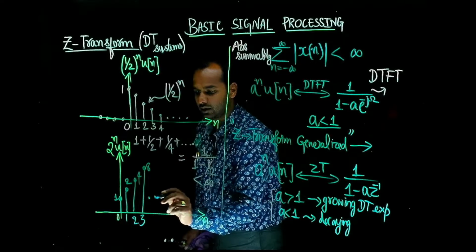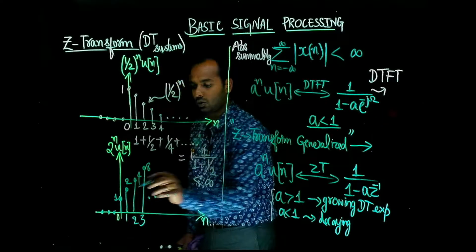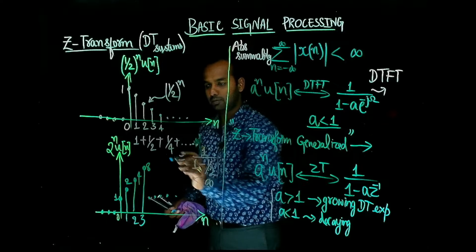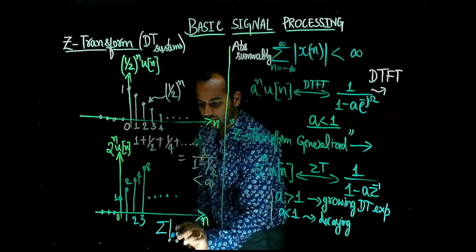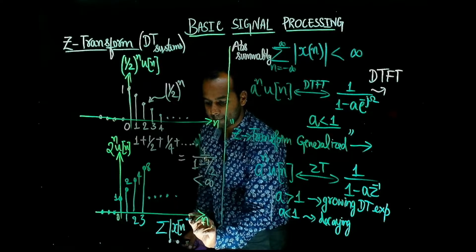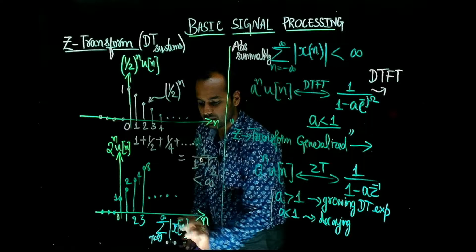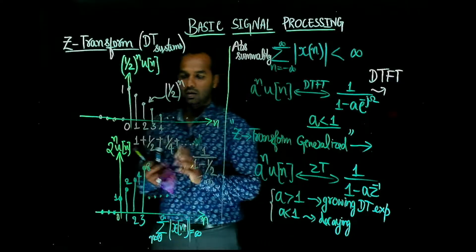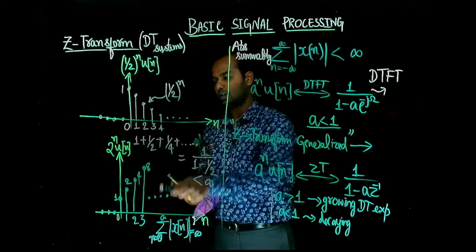And if we keep plotting it, the sample value will keep on growing. This sequence is not absolutely summable, because if we add the sample values of the sequence x of n from n equals 0 to infinity, the sum will be equal to infinity. Hence, I want to conclude that Z transform does exist for these kinds of sequences.